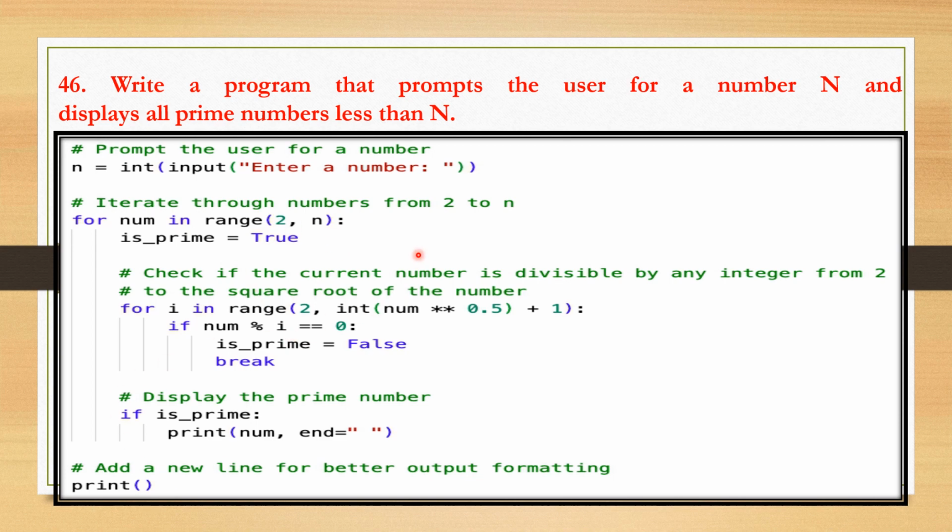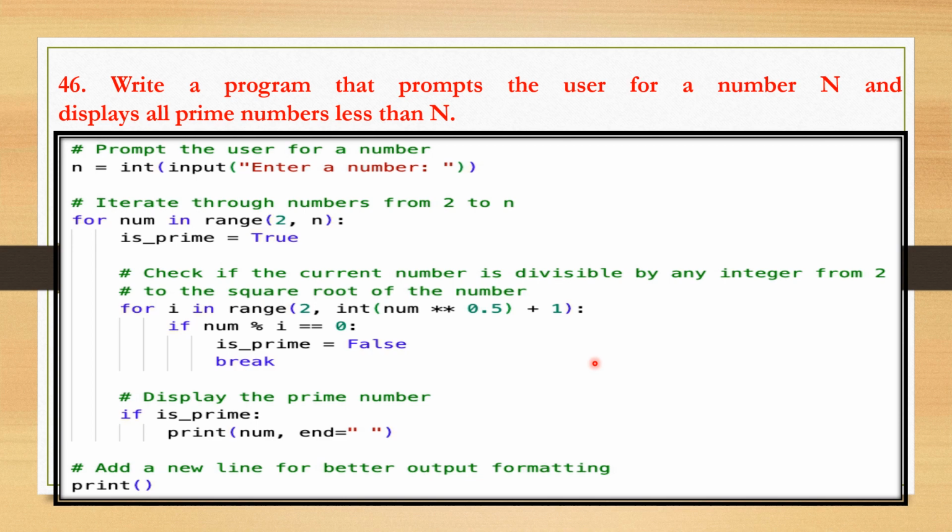And inside this loop, we initialize the variable is prime to true for each number, and we use a nested for loop to check if that current number is divisible by any integer from 2 to the square root of that number. And inside this nested loop, we use a modulo operator to check if that number is divisible by current value of i.